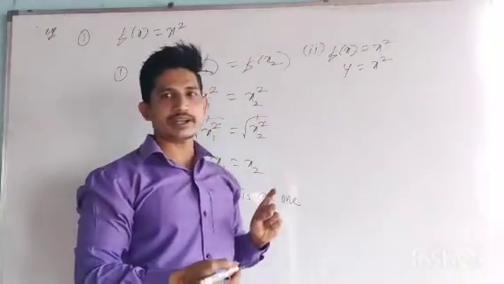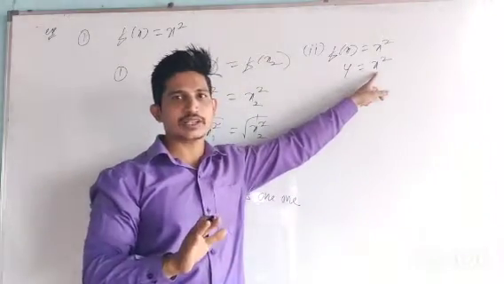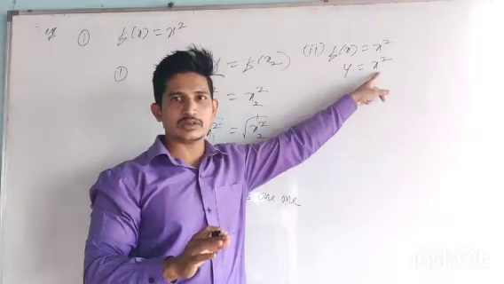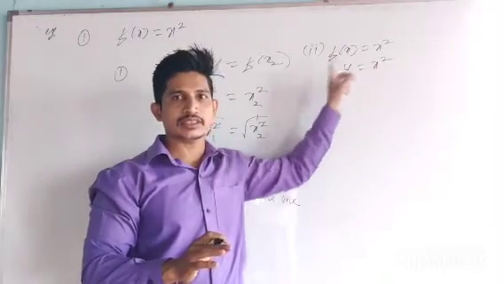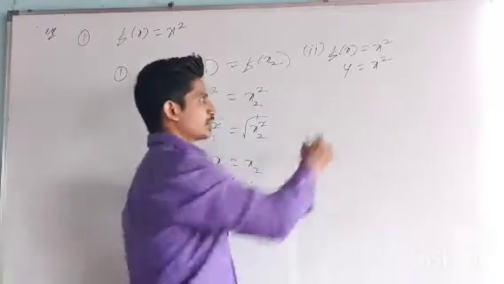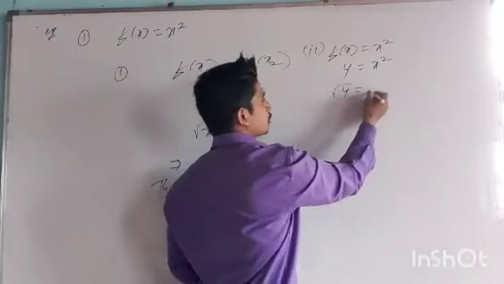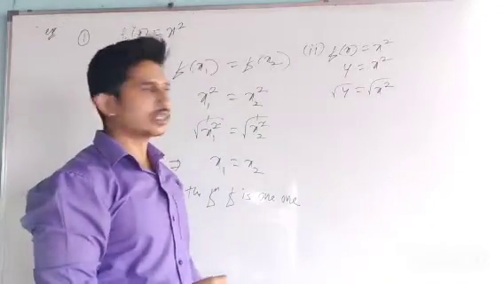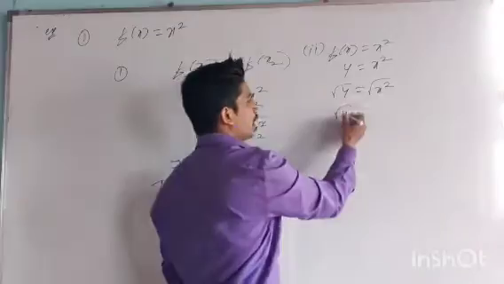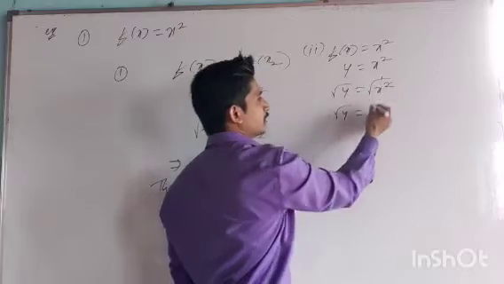Now I want to find the value of x, not x square. To convert this into x, taking square root on both sides. So square root of y, square root of x square.